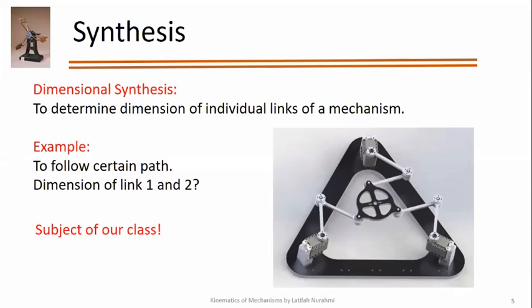Now let's see the dimensional synthesis, how you determine the dimensions. To determine the dimension of each individual link in the mechanism, what will we do? Here you are seeing an example. The dimensions of link 1 and link 2, obviously, we want. What is link 1?